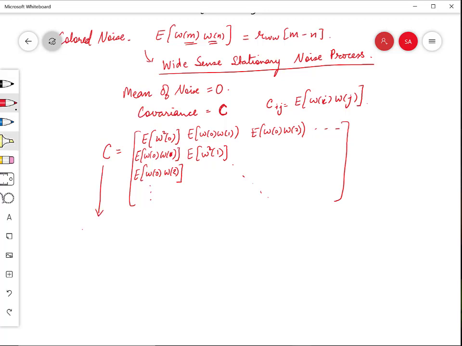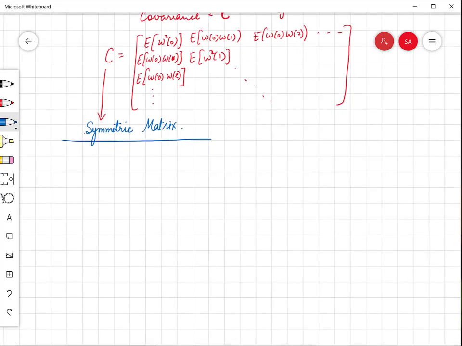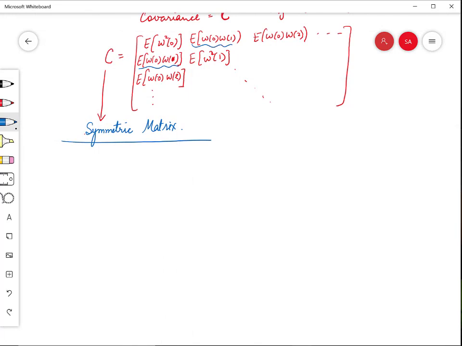You can see some of the properties of the C matrix. The first property is that it is a symmetric matrix. You can see these two elements are the same, and so on. The other property is that it is a positive definite matrix, which we have discussed in detail in past lectures. It means that for any non-zero vector x, x transpose Cx is always greater than 0.